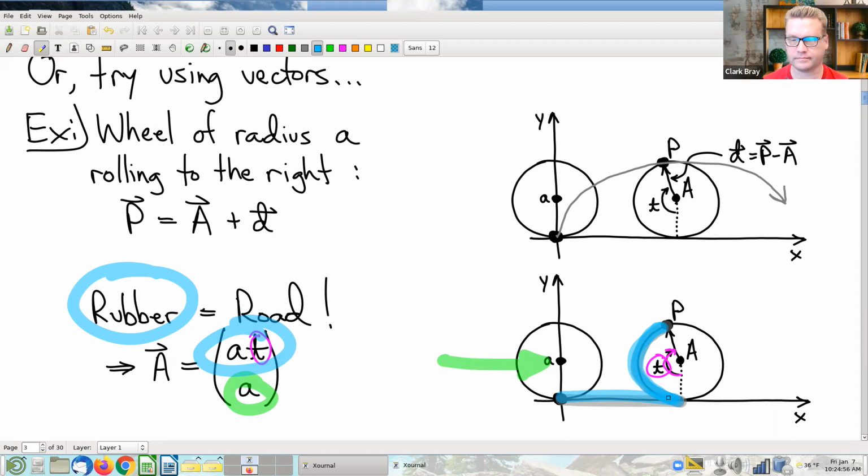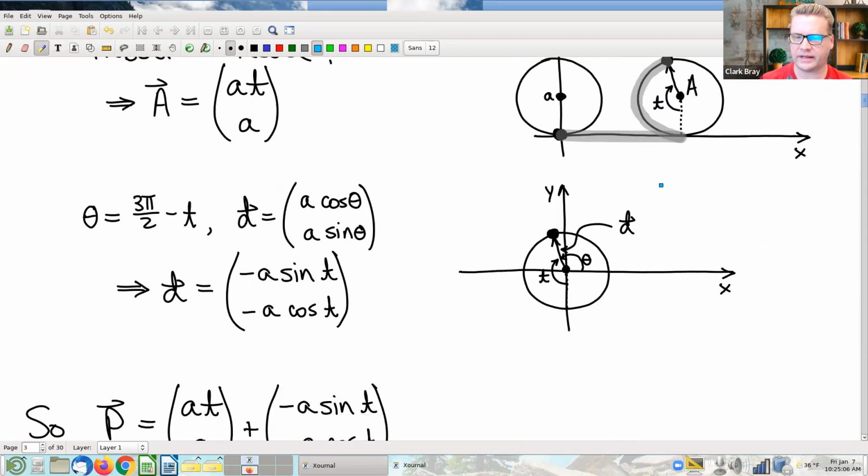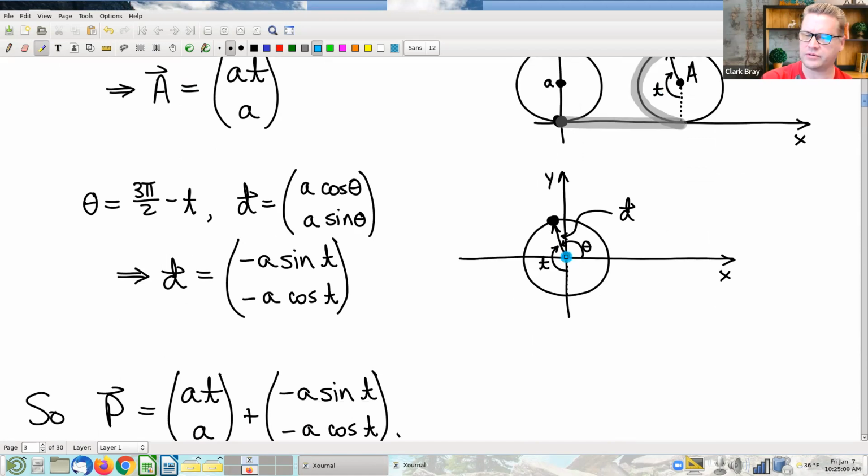Okay. Now things are going to get a little weirder when we try to understand that D vector, that thing that's rotating around. Again, it doesn't really matter where we draw it. I'm going to draw it here with its tail at the origin. It's easier to see what's going on. Keep in mind, it's going around that way.